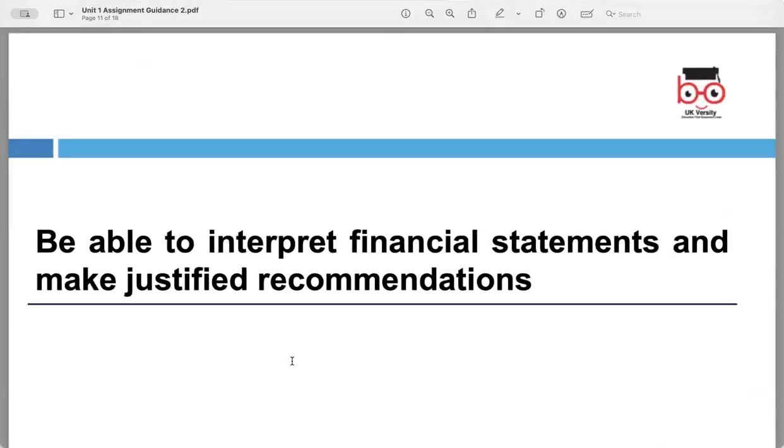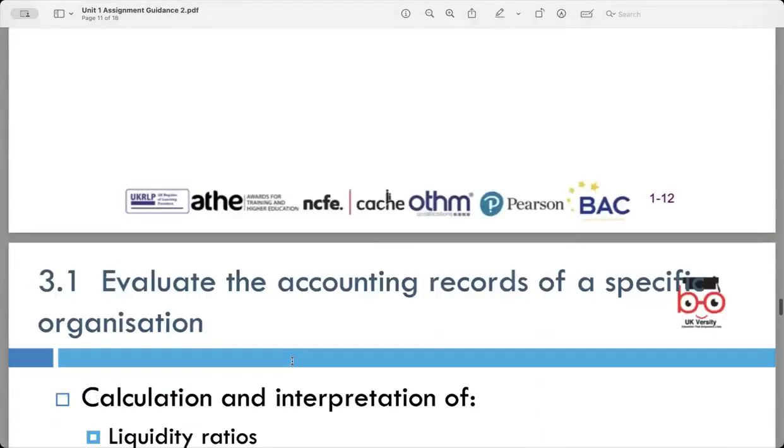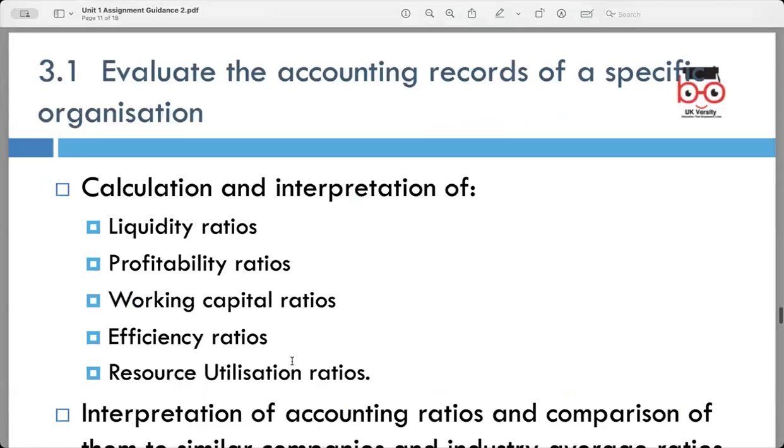So next is to interpret financial statements and make justified recommendations. This section covers the final learning outcome, which is to interpret financial statements and make justified recommendations based on the analysis.